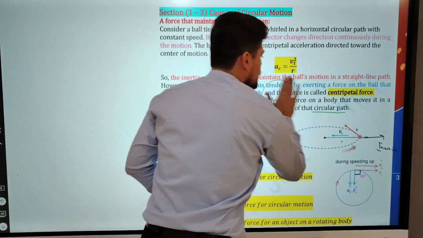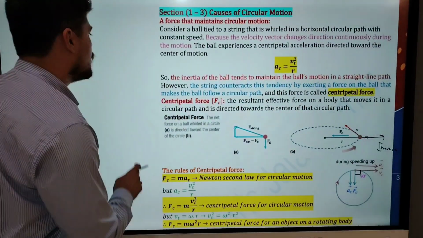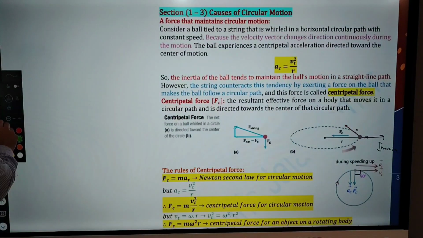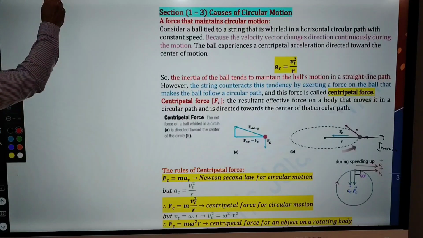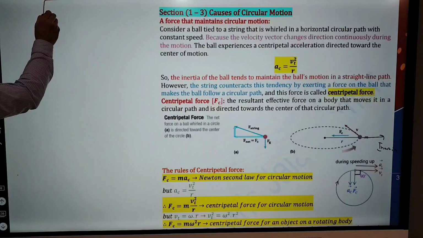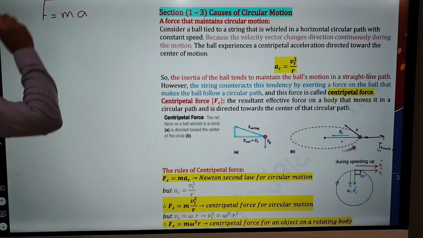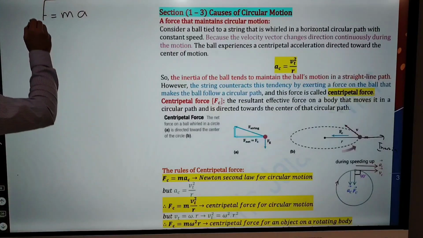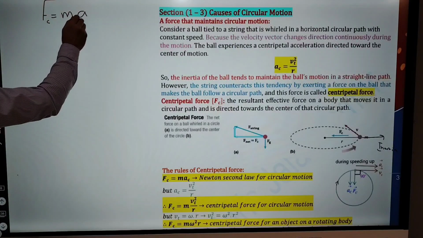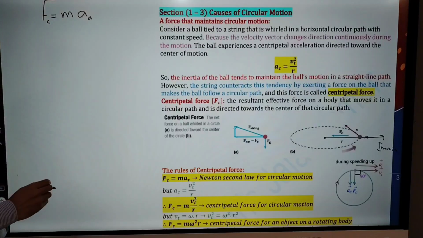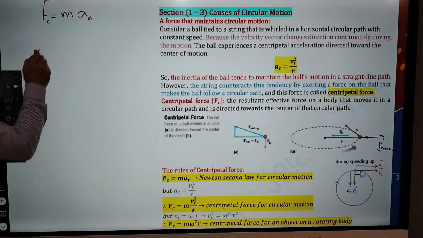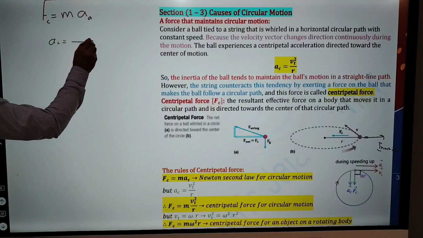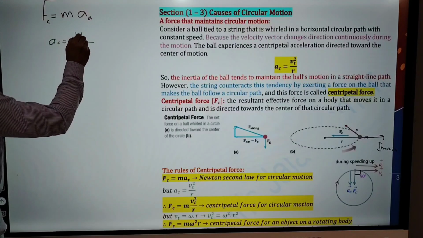How can you find the centripetal force? According to Newton's second law, F is equal to what? ma. This is Newton's second law. So Fc is equal to m ac, and ac, as you know, centripetal acceleration, is equal to what?